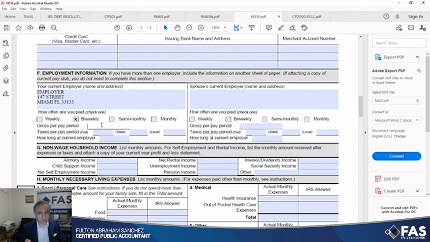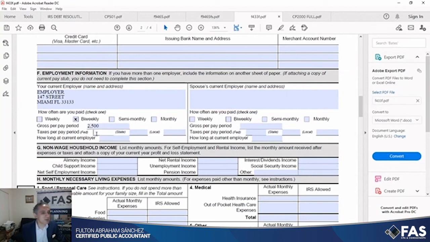This is your pay statement, a pay stub from your payroll. How much you make biweekly. So I'm gonna say biweekly 2,500. It could be less. Remember that if you say biweekly and you put 2,500, it means that you make $5,000 a month.